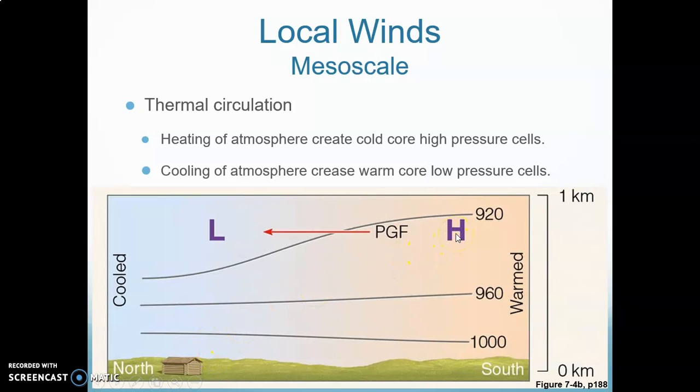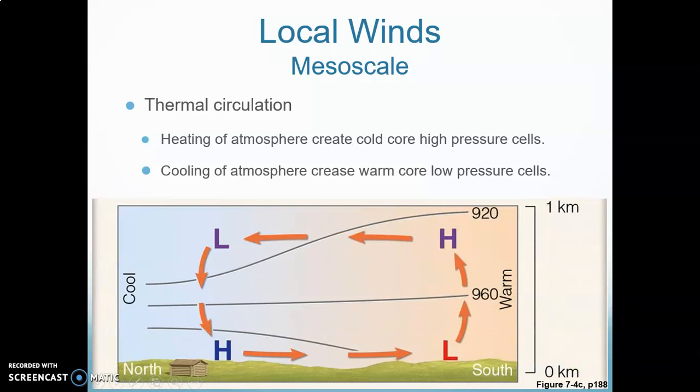And with air leaving the south, there's less air, so that will decrease the net pressure in the south. And so as a result, you get high pressure in the north at the surface, low pressure in the south at the surface, and air flowing in the opposite direction. So then you end up having a circulation pattern as shown here.